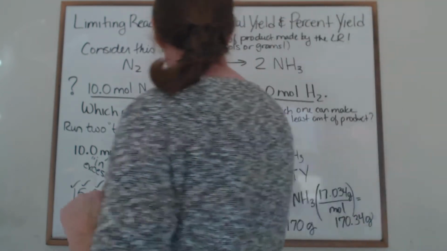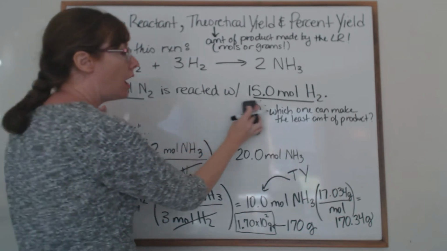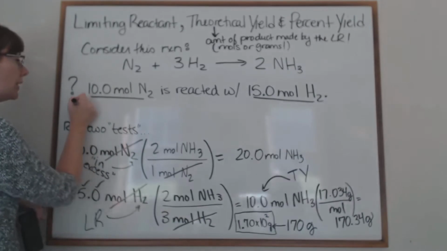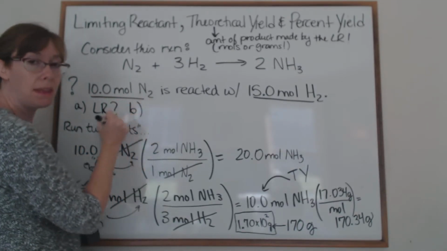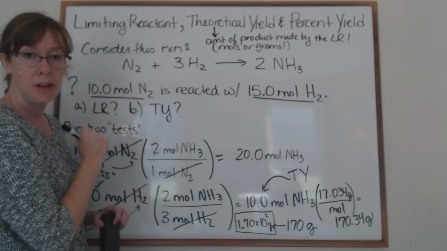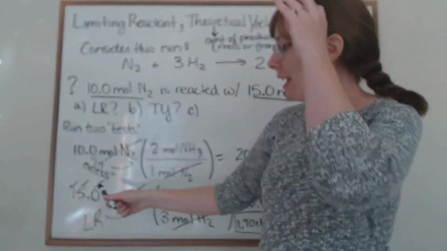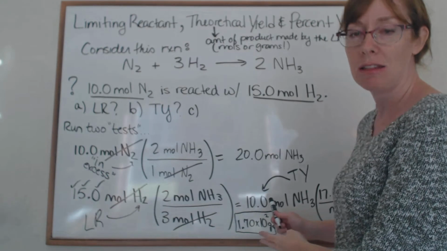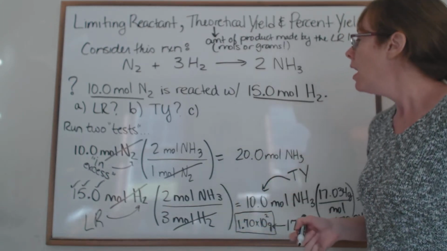Now, oftentimes there is a follow-up. So actually, I just erased which one is the limiting reactant. I'll tell you this. Usually that's a part A. Which one is the limiting reactant? A part B to a question would often be calculate the theoretical yield. Okay, that's oftentimes a part B, but frankly, it's really easy because if you do it the way that I'm doing for limiting reactant, you basically calculate the theoretical yield in your process anyways, so it's really simple.